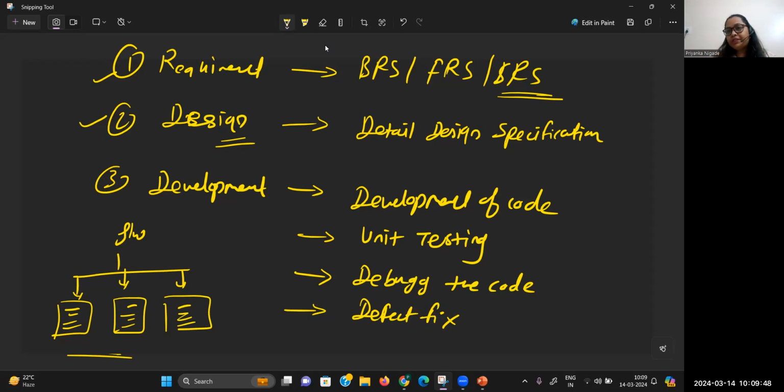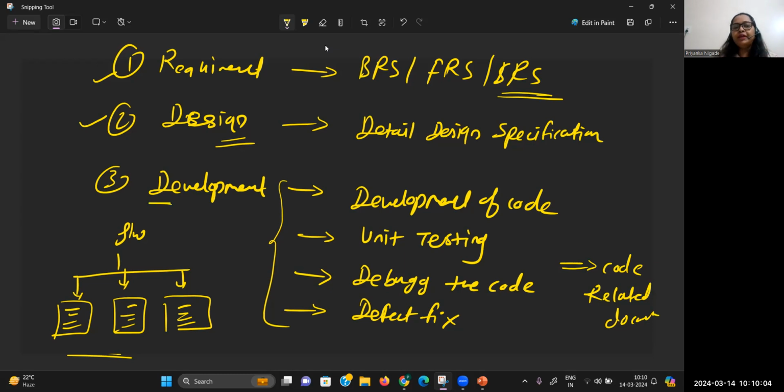The developer is responsible to fix the defect. So these are the different responsibilities of a developer. And once the developer develops that particular code, you will be getting some code related documents also. So whatever code related documents are there, from that coding phase, from that development phase, you will be getting those documents too. This is our third phase.